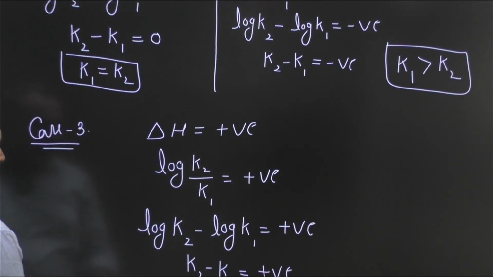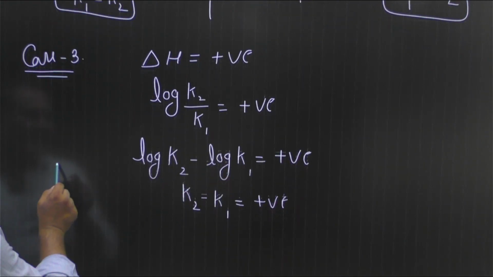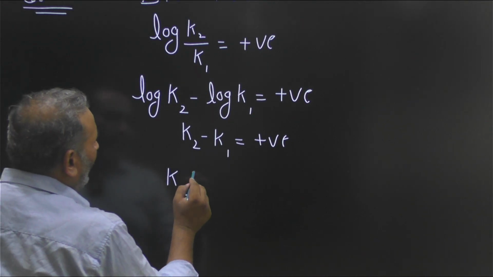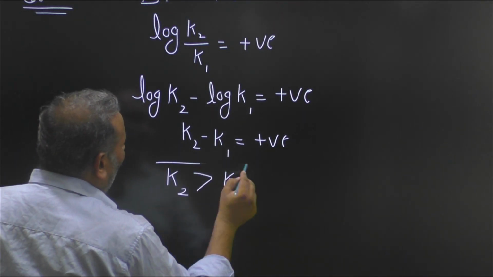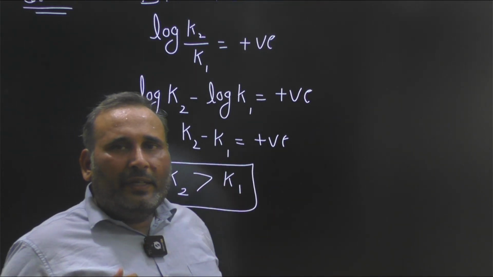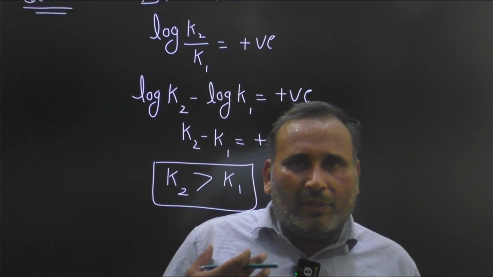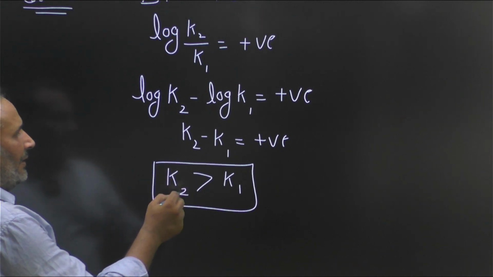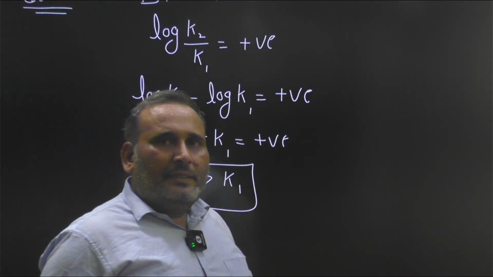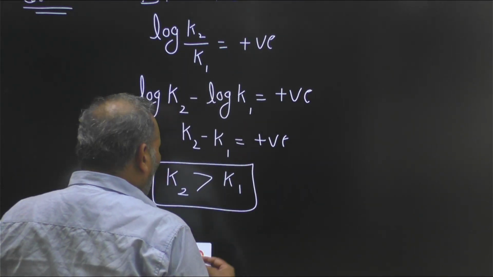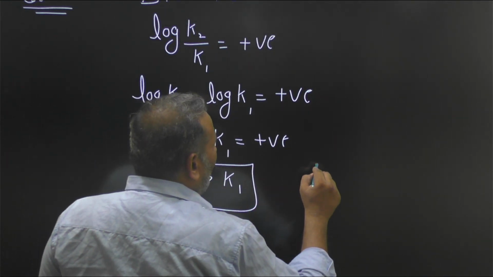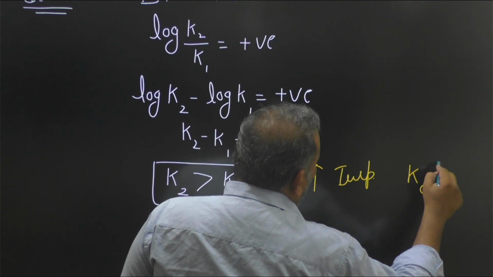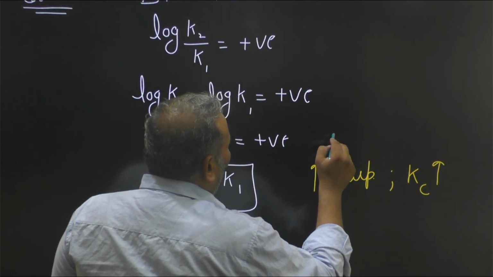It will be possible in just one case: K2 is greater than K1. So if we increase the temperature from T1 to T2 in an endothermic reaction, the rate constant also increases. That's why we can say in endothermic reactions, if we increase the temperature, then Kc will also increase.